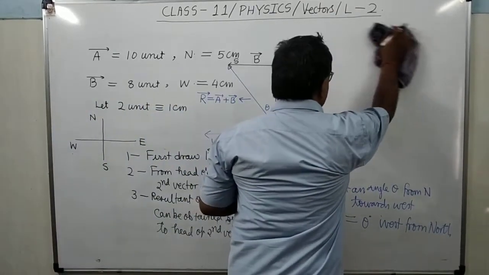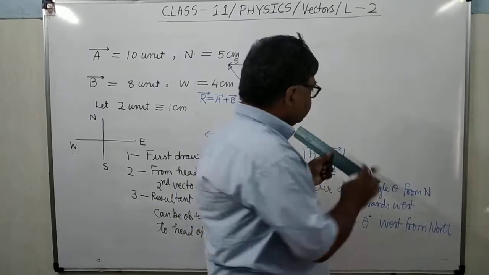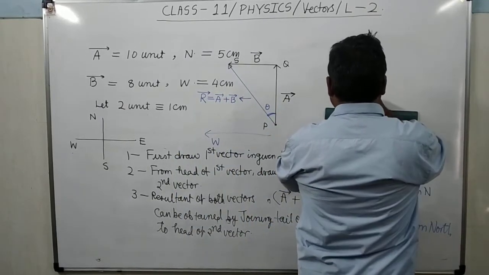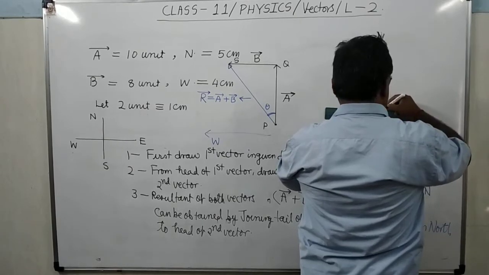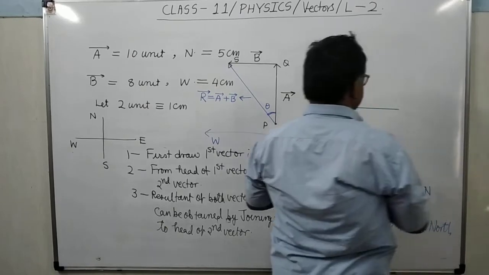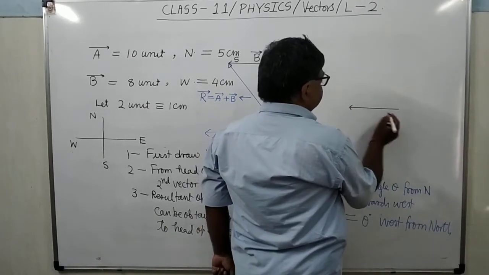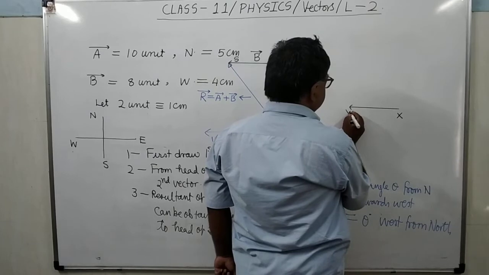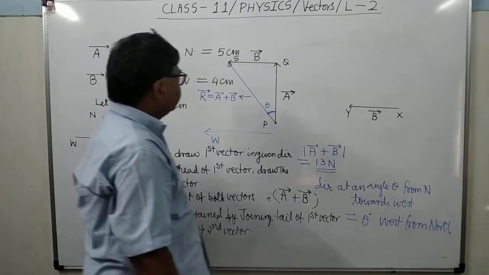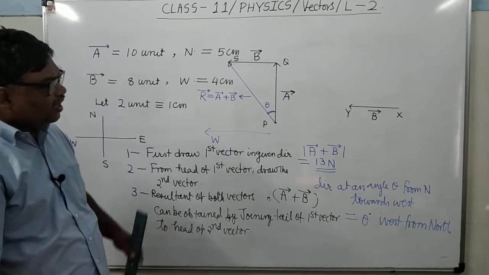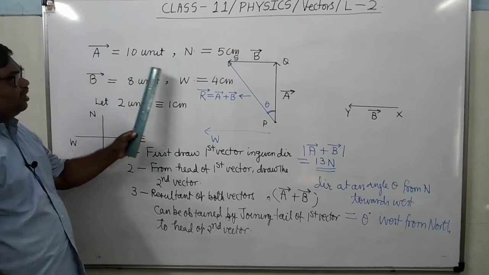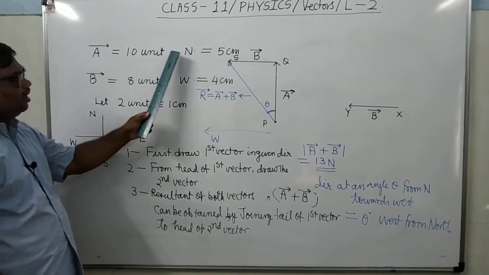You make it a little bit down. Yes, this. So this will be vector B. It is in the west direction. Now from the head, which is Y, you draw vector A. It is 5 centimeter in length, in what direction?